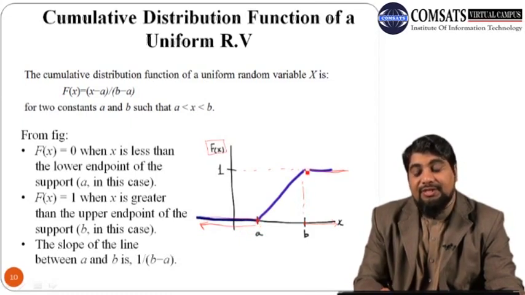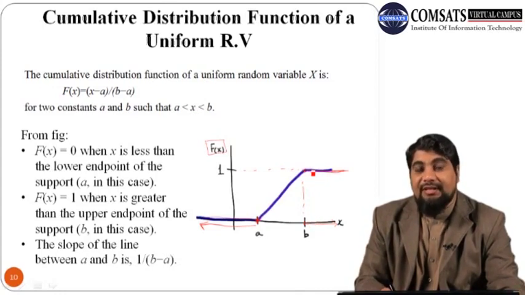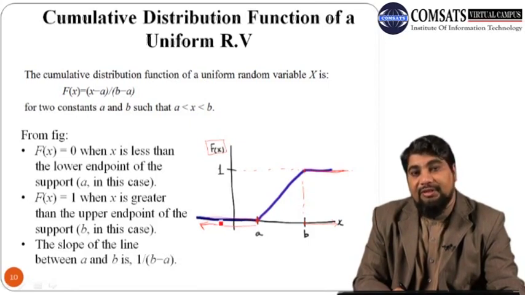But for all values which are greater than B, since we are adding all values together, their sum is already 1 till B. So all values greater than B keep the sum at 1, because their probabilities are 0. It means 1 plus 0, nothing is being added, so the probability will remain the same at 1. But when values of random variable x are less than A, the probability of all values less than A is 0.